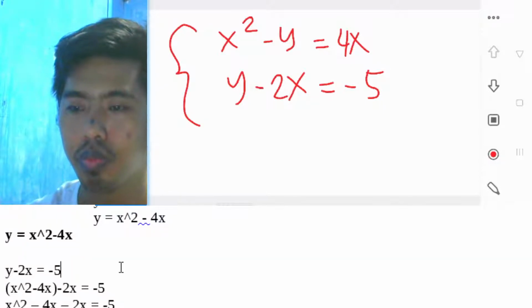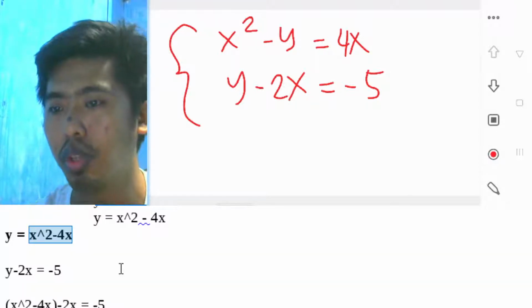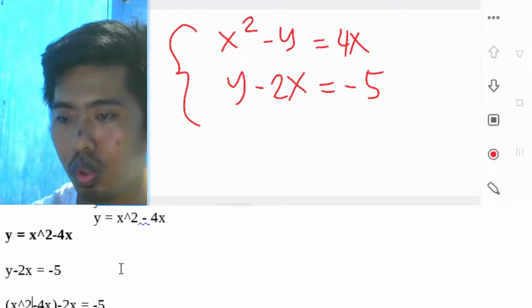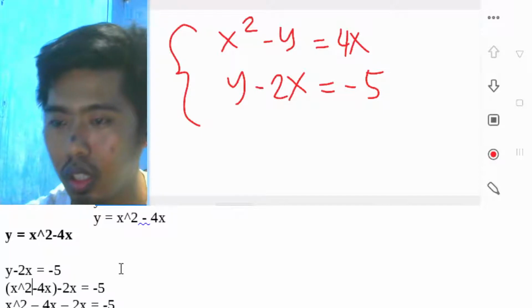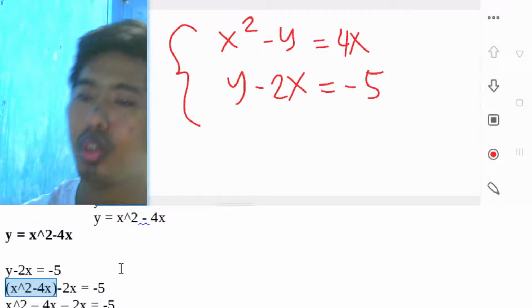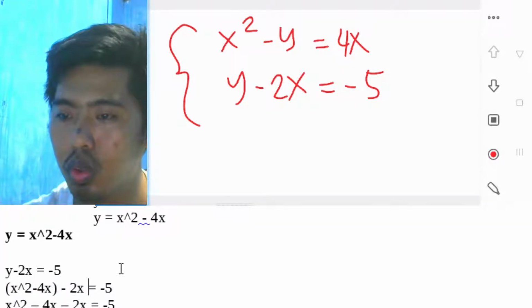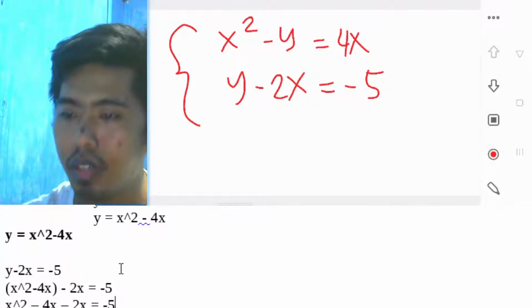So, y minus 2x equal to negative 5. I change all the y into this. You substitute it, so it becomes like this. So, this basically is your y. Just copy the sign, minus 2x, then minus negative 5.